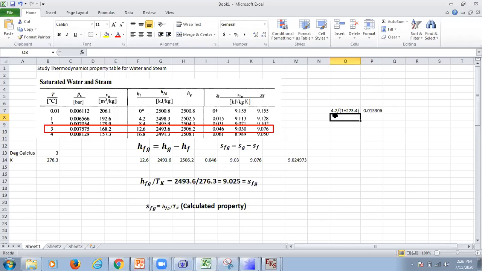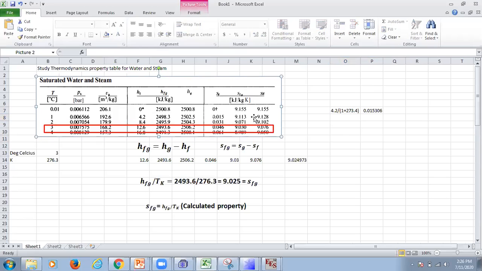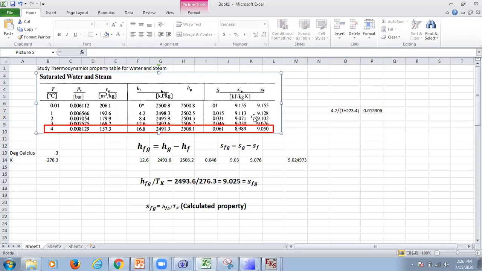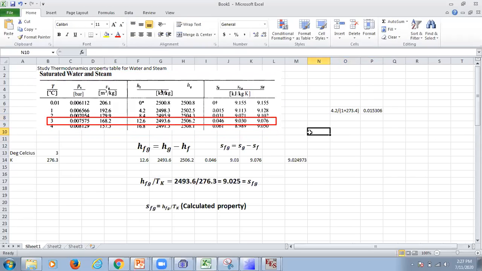Same way here. This one is 1 degree. This is 3 here, 2 here. So if I look into this, can you hear us? Okay, please try to follow.